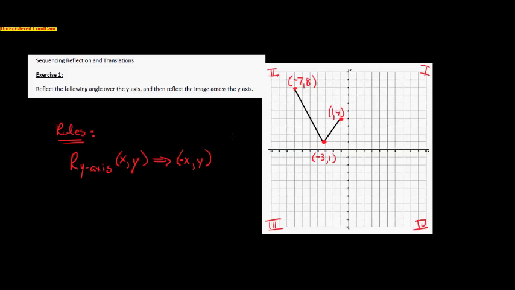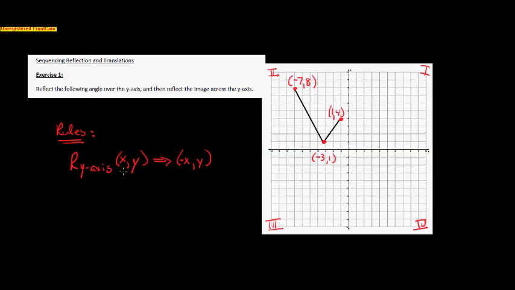Now, if you remember from the previous packet, we had certain rules for reflecting over the x-axis and the y-axis. And the y-axis was very easy. Whatever x, y you start out with, all it does is turn the x-coordinate, which is the first one, opposite.